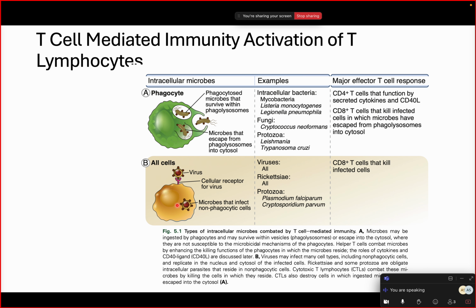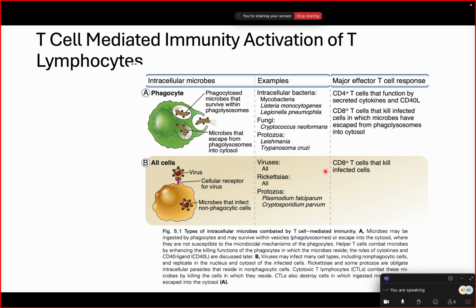So examples in which this is followed are obviously viruses. Most of the viruses work this way, and certain protozoa as well, such as Plasmodium and Cryptosporidium. These are the protozoans which are not phagocytized by the phagocytic cells, but directly infect the cells by their own machinery.